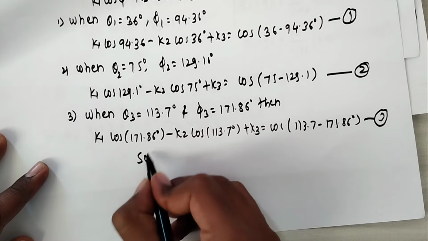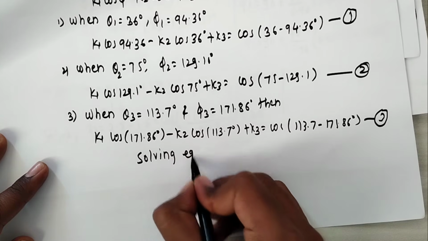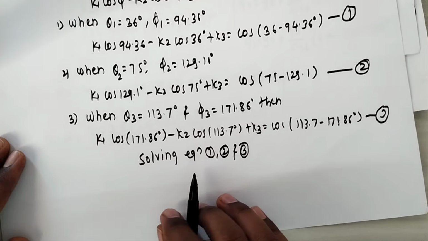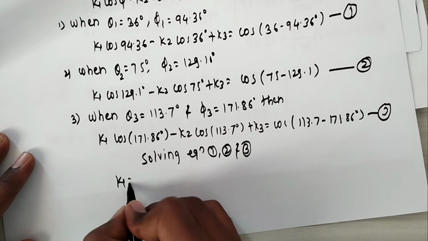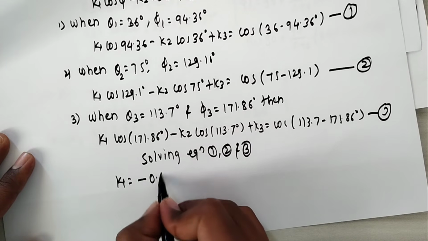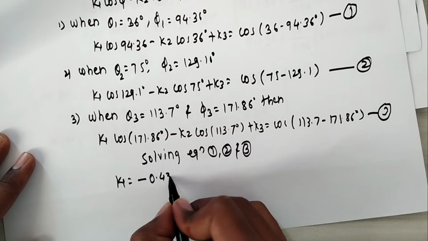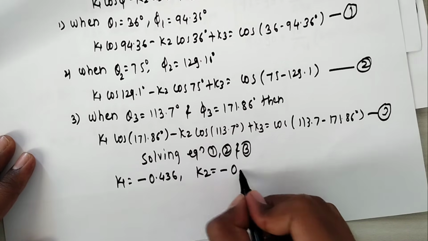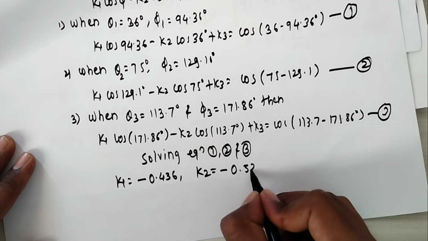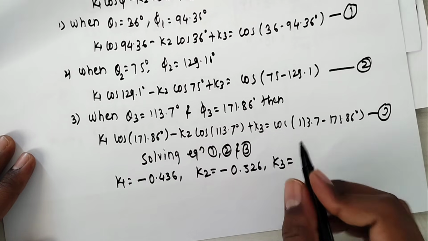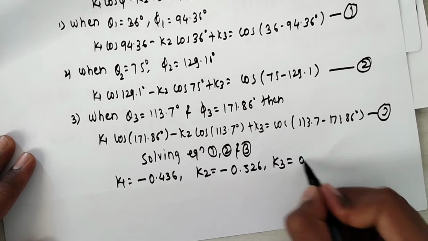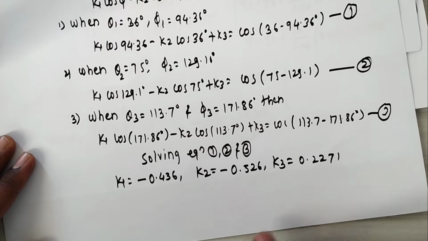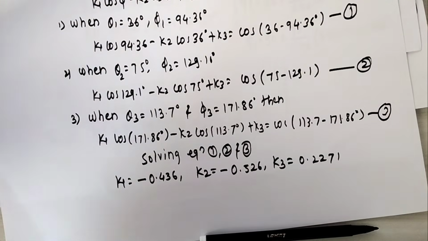So solving equations 1, 2 and 3, we will obtain, you can check the values: k1 is equal to minus 0.436, k2 is equal to minus 0.326 and k3 is equal to 0.2271. So we obtain k1, k2, k3 by solving these three equations.